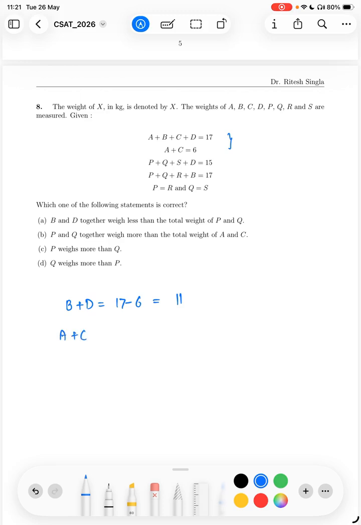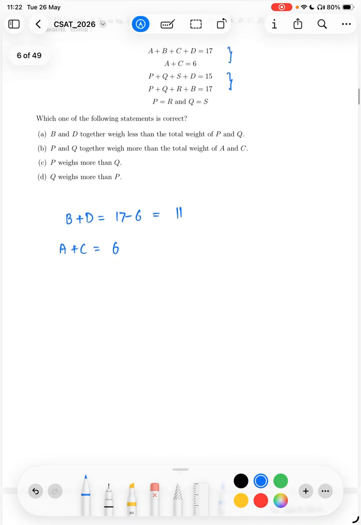A plus c we have as 6. Also, if I just add the last two, third and fourth equation, I will get 2 times (p plus q plus s plus r plus b plus d) is equal to 32. But b plus d is 11 and s is equal to q and p is equal to r.